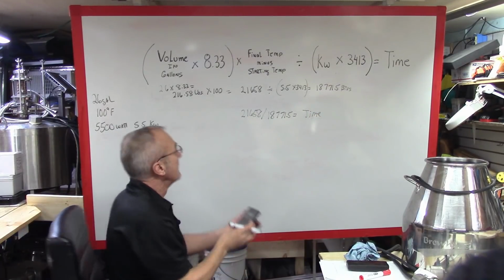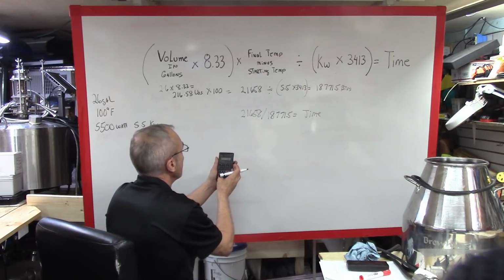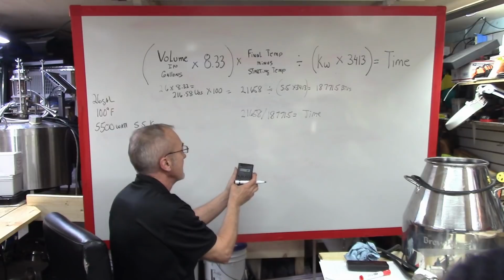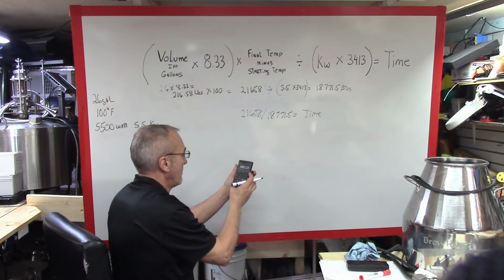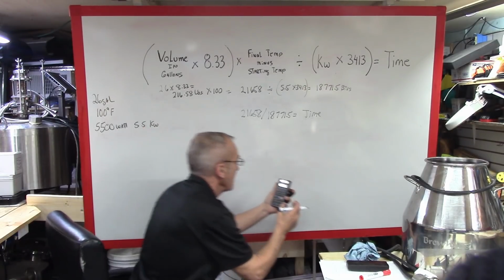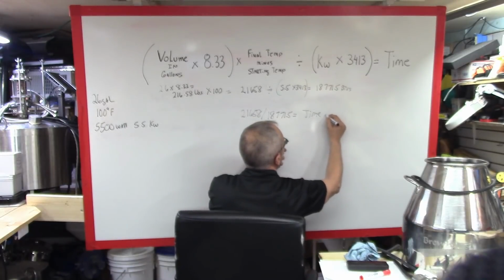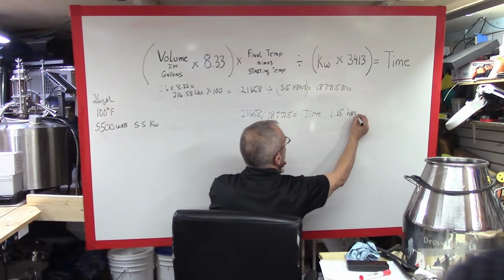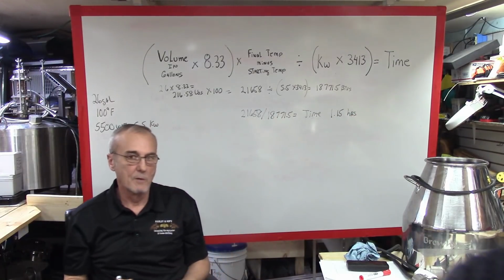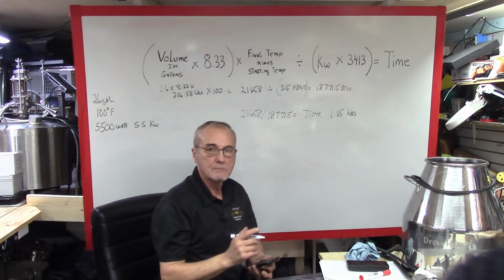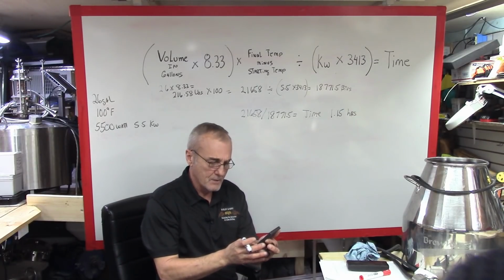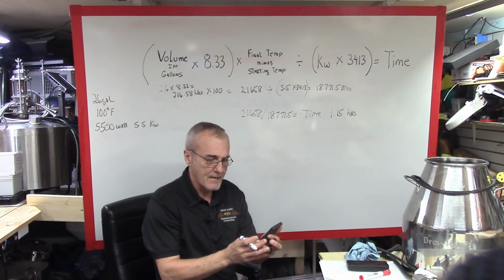Let's do that. 21658 divided by 18771.5 equals 1.15 hours. What is 1.15 hours? Well, 60 times 0.15 will give us the minutes.